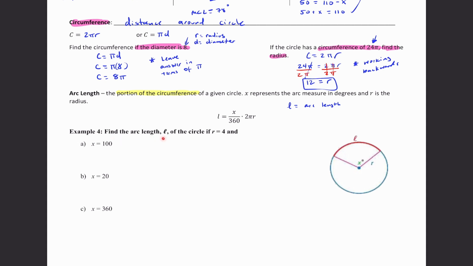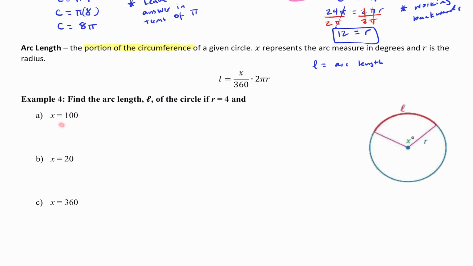Find the arc length L of the circle if the radius is 4. So our first example, x is 100. So this here is 100 degrees. And remember, if the central angle is 100 degrees, then the arc is also 100 degrees.